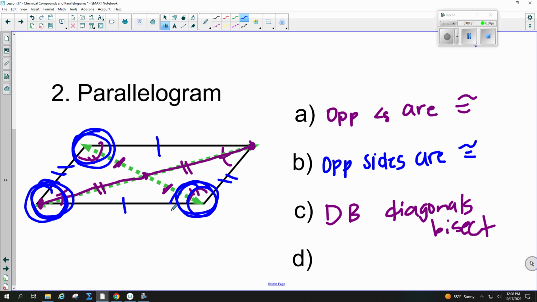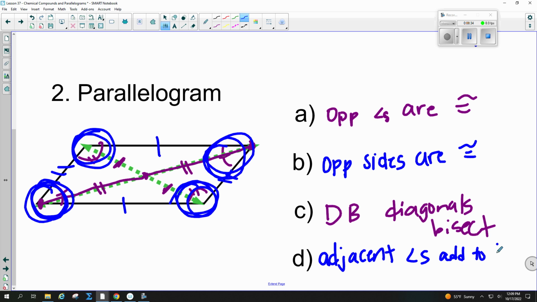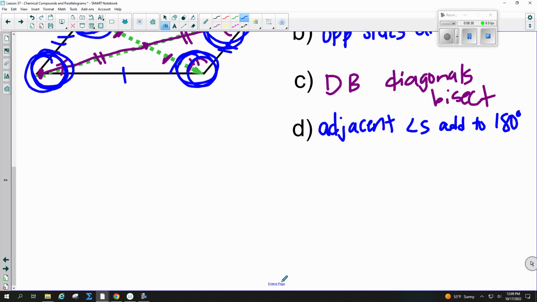These are called adjacent angles, meaning next to each other. Adjacent angles add to 180. I don't know if you want to shortcut that like this: adjacent angles equal 180. Okay, that could be our shortcut, however you want to write that.